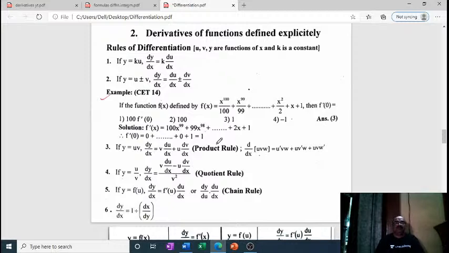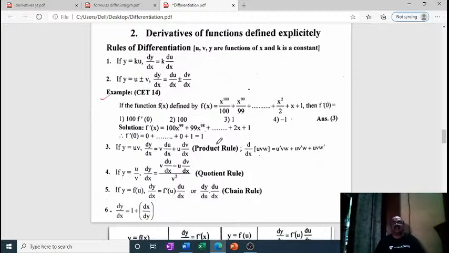Friends, there is one beautiful example taken from CET 2014 for your illustration. Please have a look at it. f of x is given as x power 100 by 100 plus x power 99 by 99 and so on, up to x power 2 by 2 plus x plus 1. Then what is f dash of 0?